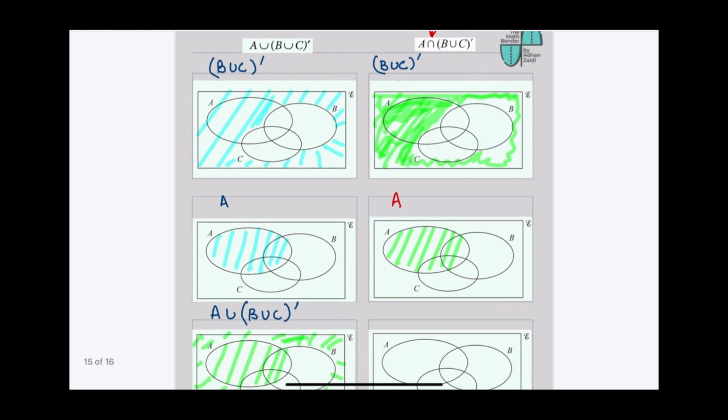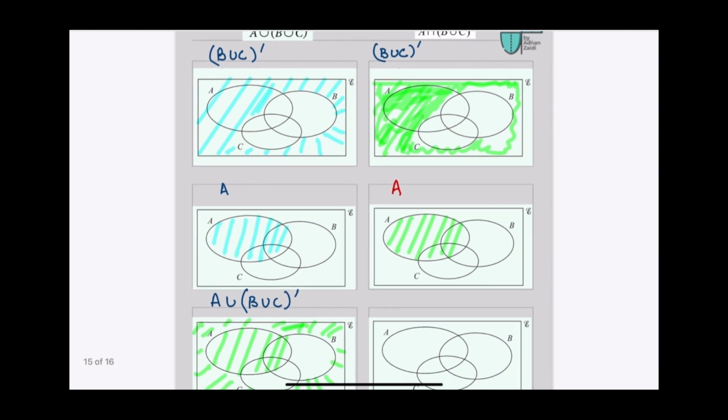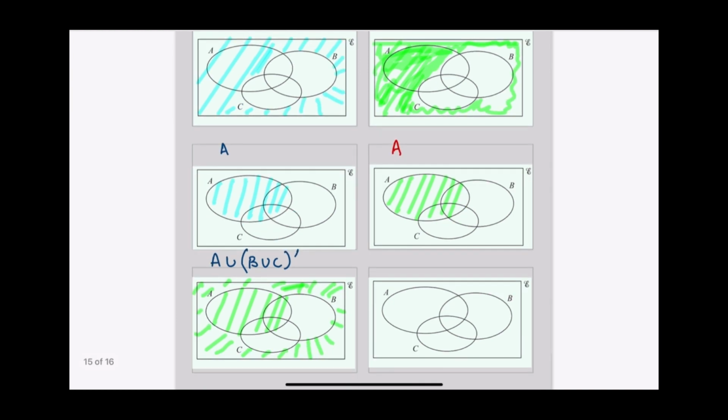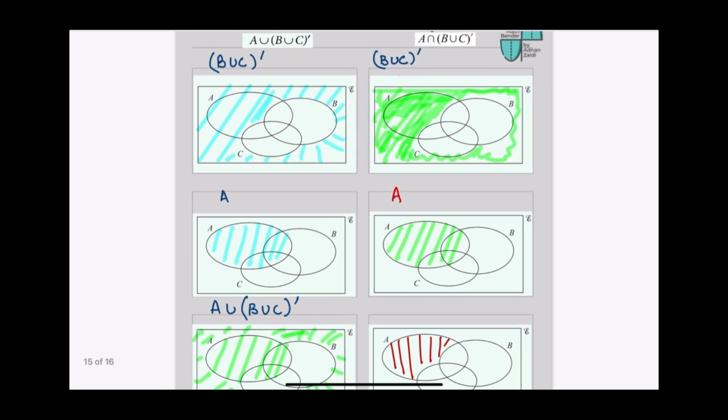So, common between B union C complement and A. Can you see this is the only region? I'll shade it here. This is the only region that is common in both the figures. You can check.